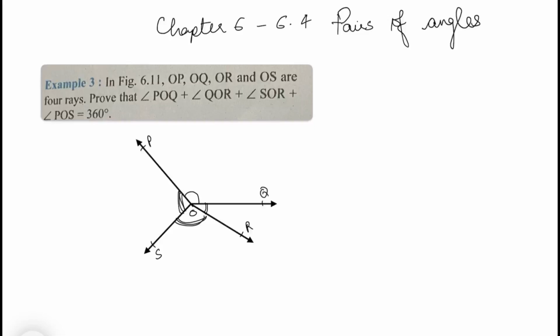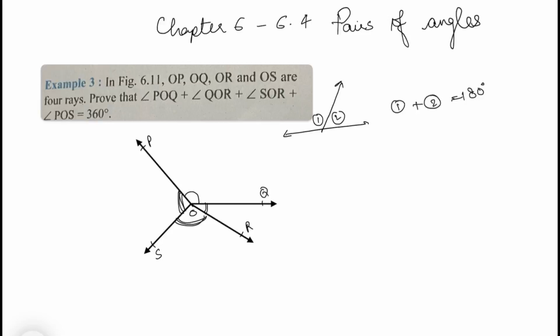Now the only axiom we know regarding the sum of a pair of angles is that if there is a linear pair of angles, then angles 1 and 2 sum up to 180 degrees. But here, as we can see, there's no single line.